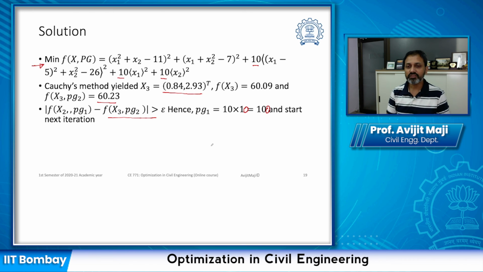Apart from the methods or techniques which I have discussed so far, there are also other methods. For example, genetic algorithm is there, ant colony optimization is there, and there are many more such methods. It is not possible to cover all such methods in a single class or in a course like this.